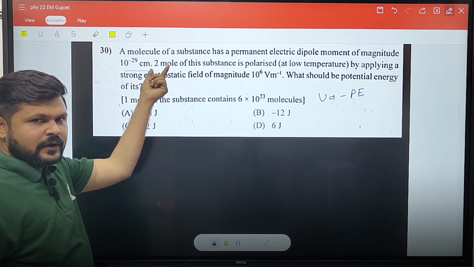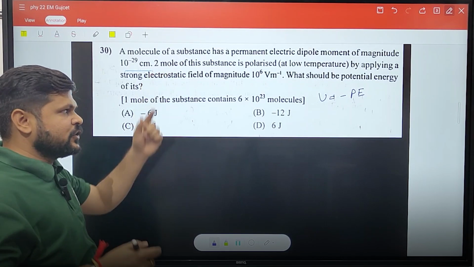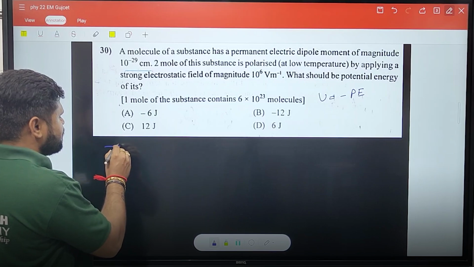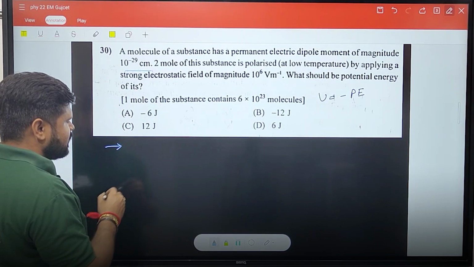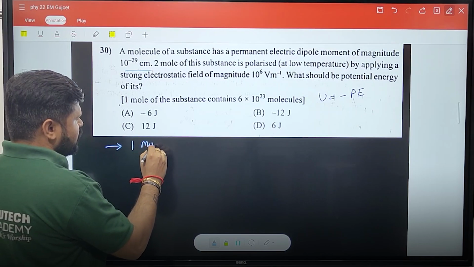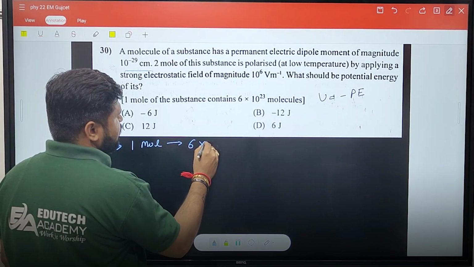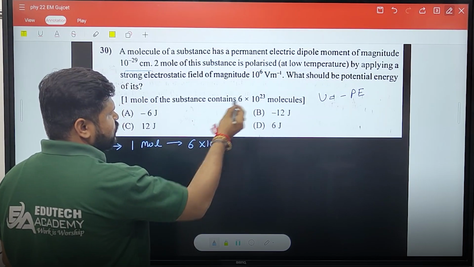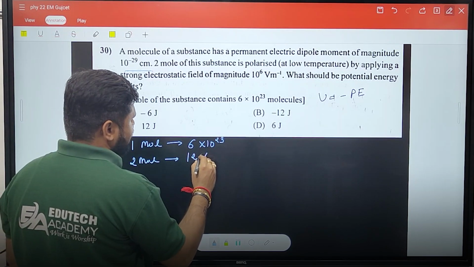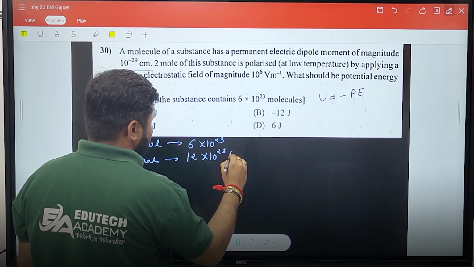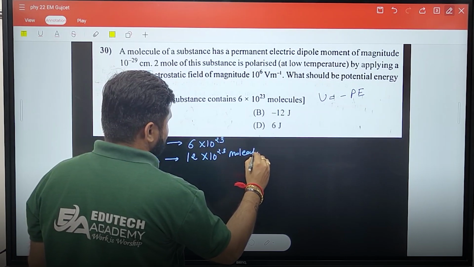So first we will find the total number of molecules in 2 mole. So what is the total number of molecules in 2 mole? If there is 1 mole, then how many molecules? 6 into 10 raised to 23. So in 2 mole there will be 12 into 10 raised to 23 total number of molecules.